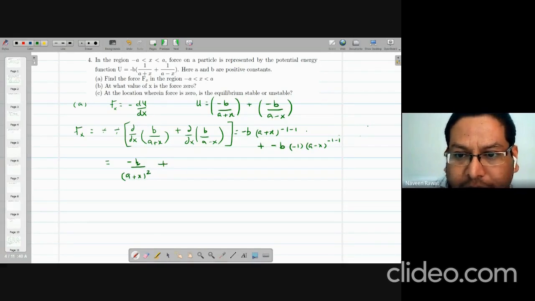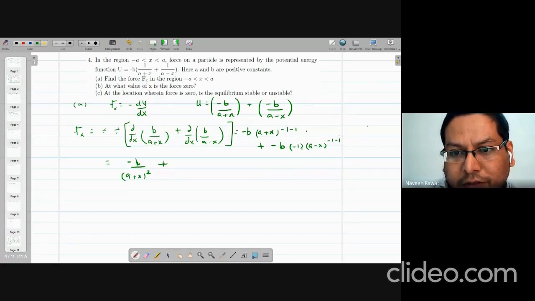And the second term will be, again, I am taking b as a constant outside. I have a minus x raised to minus 1, of which I have to take the derivative. So the derivative of a minus x raised to minus 1 will be minus 1 times a minus x raised to minus 2, and then I'm taking the derivative of the argument inside.